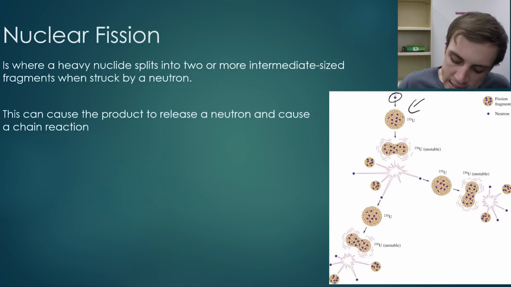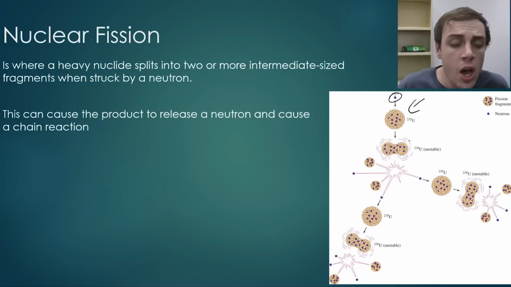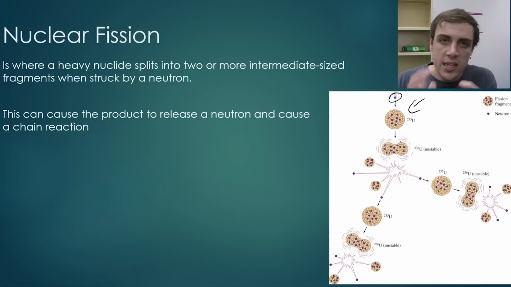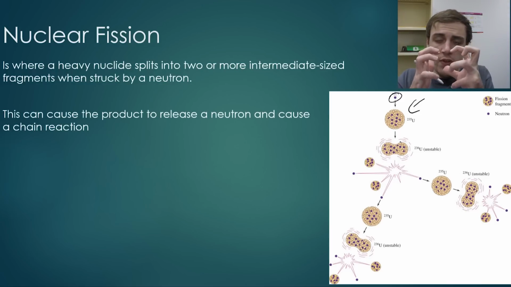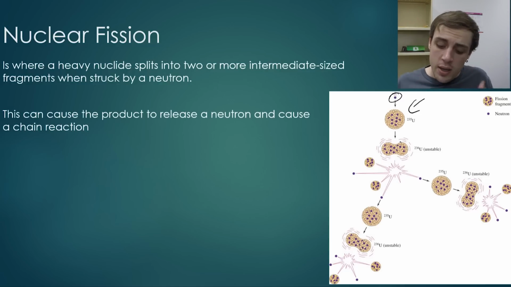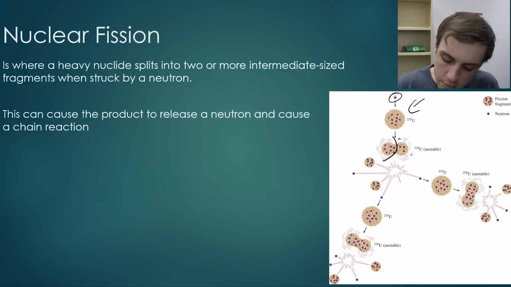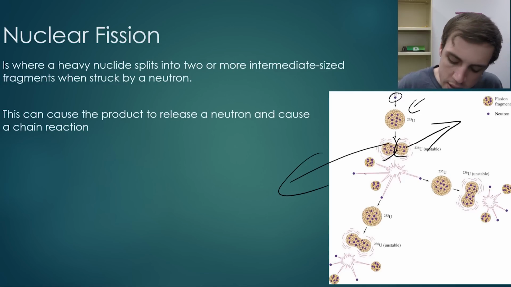As it hits that, it goes from 235 to 236, which makes it very unstable. When it's unstable, it will vibrate and explode apart into 2 different chunks. They will go racing off in one way, that one will go racing off in another way.